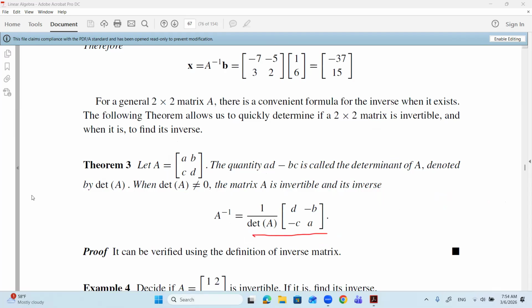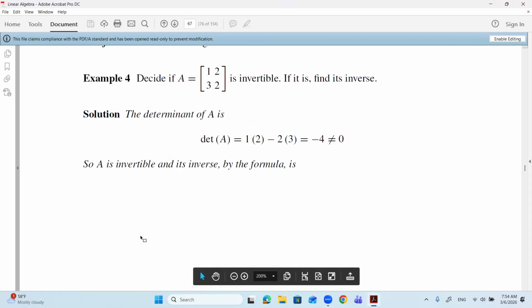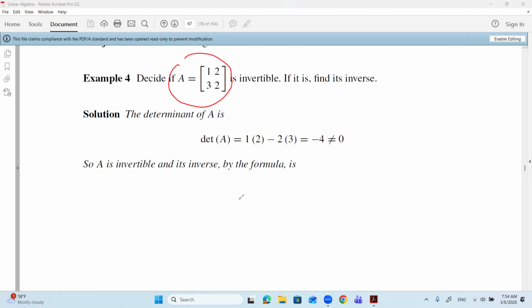With that, let's look at a given matrix. Can we find the inverse using that theorem? The inverse will exist if the determinant of A is non-zero. Let's see, what is the determinant of A?